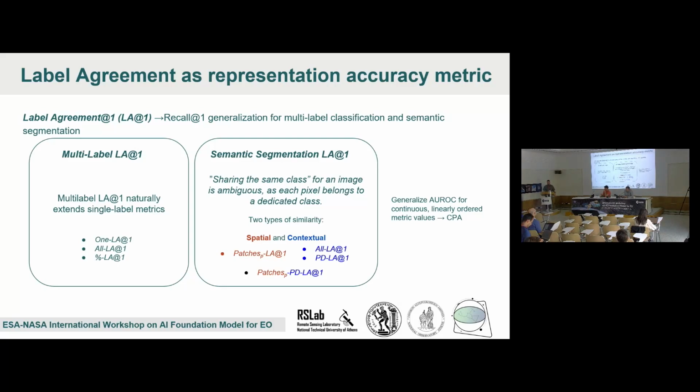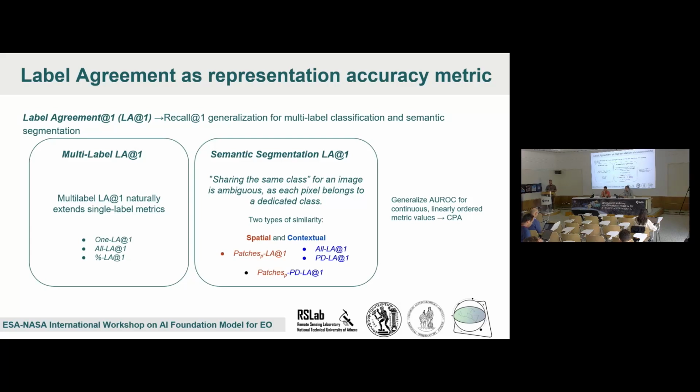And I'm really out of time, so I'm gonna go a little bit fast on that. What we had to do is extend recall at one. For the case of multi-label classification, this naturally derives from the single label case. We just have to tweak the concepts a bit.